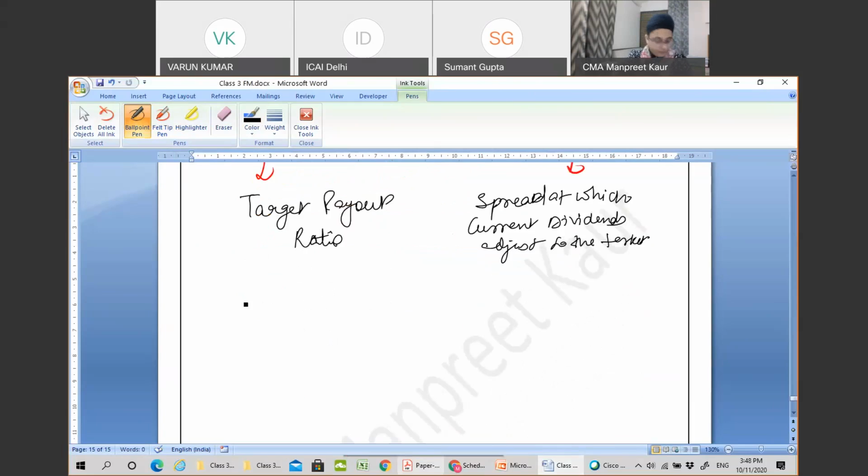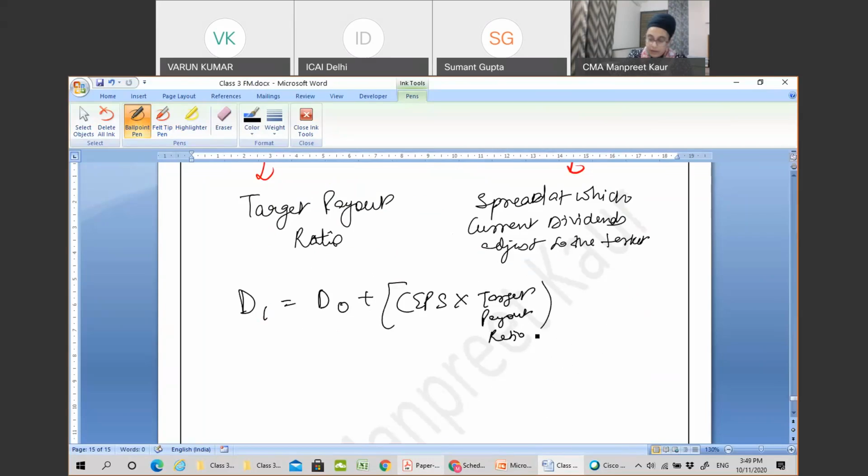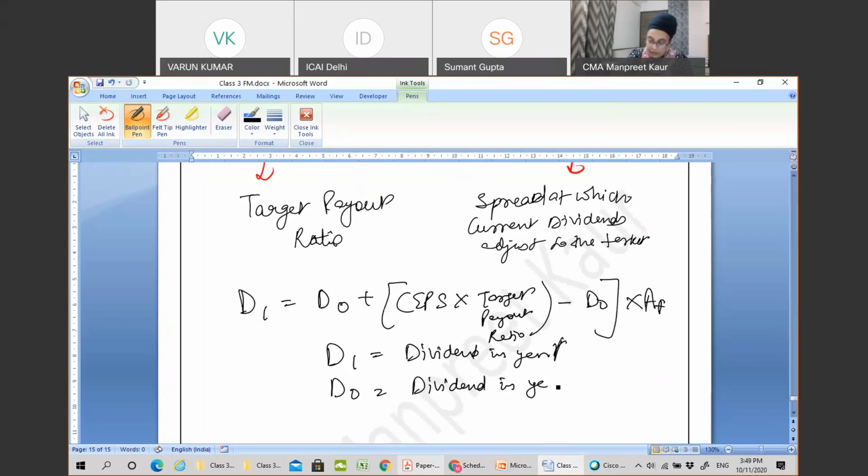The formula is D1 is equal to D0 plus EPS multiplied by target payout ratio minus D0, into AF, whereas D1 is the dividend in year 1, D0 is the dividend in year 0, and AF is the adjustment factor.